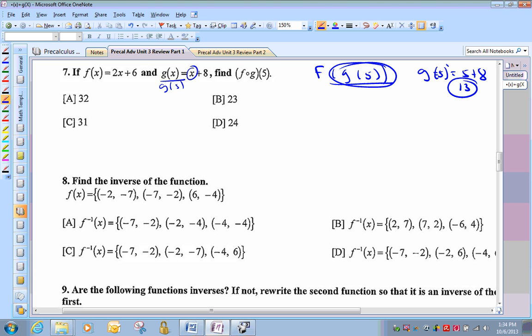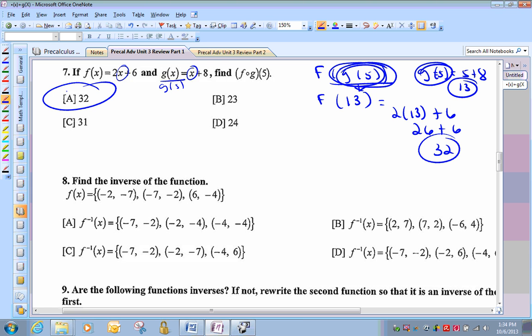So g of 5 is really 13. So now I have f of 13. Now I'm going to put 13 into my f function. So I would have 2 times 13 plus 6, 26 plus 6 is 32. Bam. There's my answer. Go Bearcats.